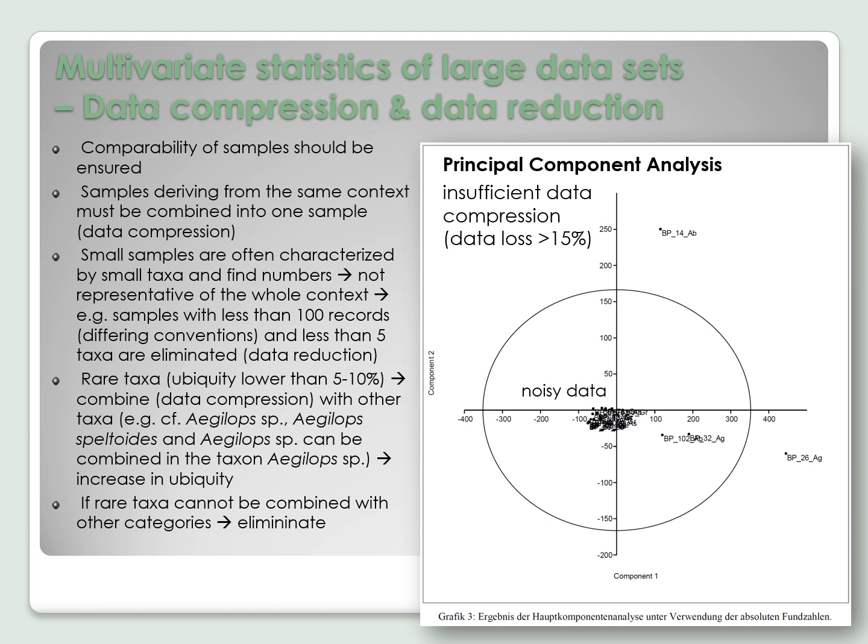Dealing with large amounts of data often involves a high diversity in the dataset, which complicates the recognition of patterns. Samples with low seed finds and taxa with low ubiquity can bias the analysis and appear in the graphical output as noise.